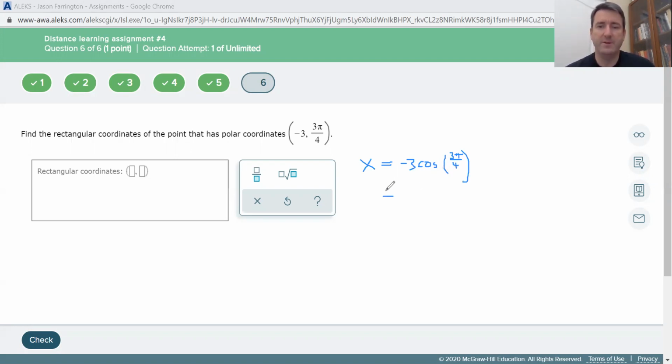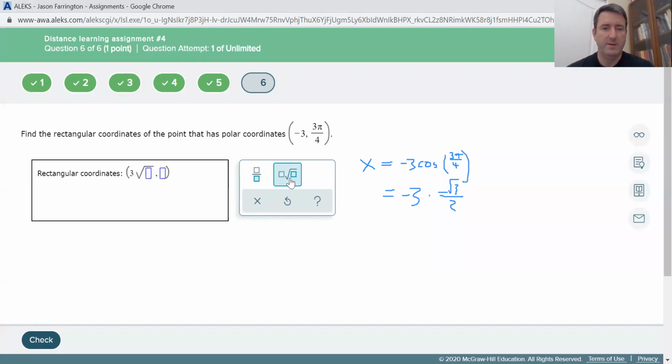Negative square root of 2 over 2 times -3, so this is going to be positive 3 square root of 2 divided by 2.